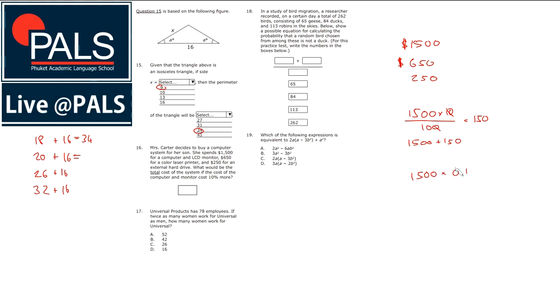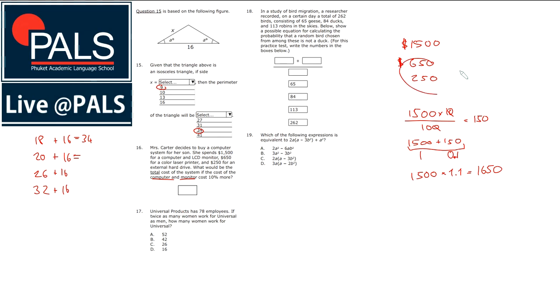So if we want to make it in one step, type it into the calculator. To avoid this step here, now we know this is equal to 0.1 for 10%, and this is 1, the 100%. So we can just do 1,500 times 1.1, and that will give us 1,650 as well. So that's how much more it would be for the computer and monitor.